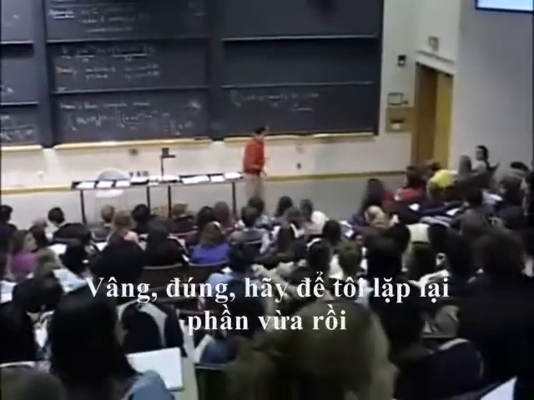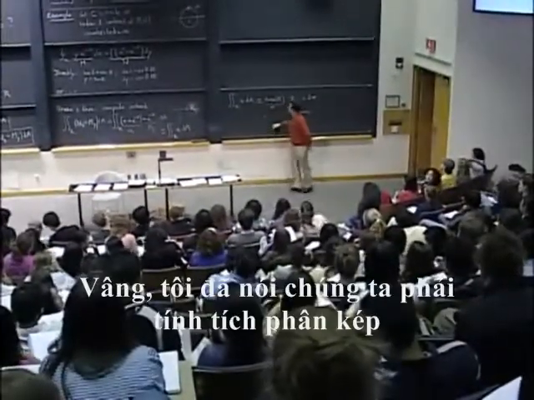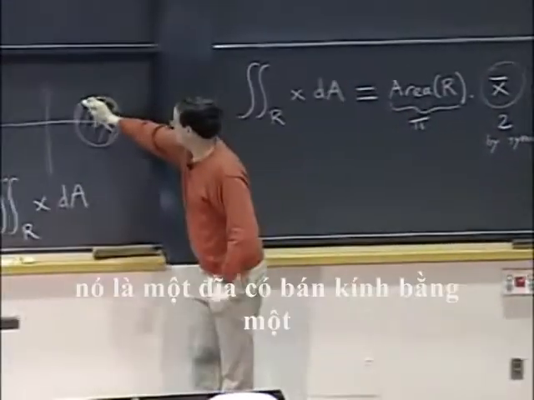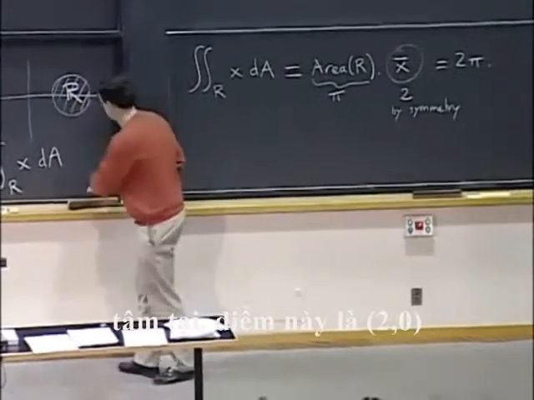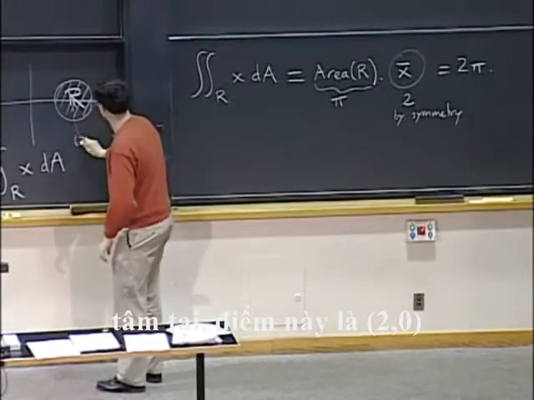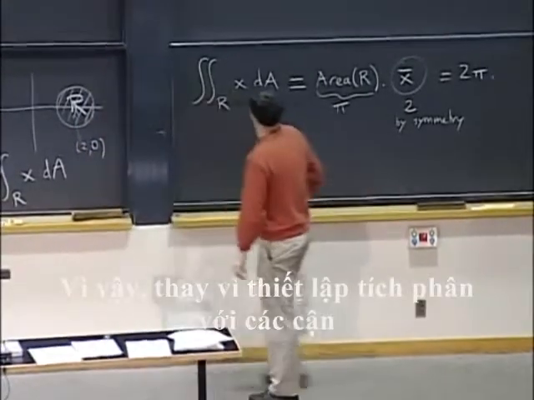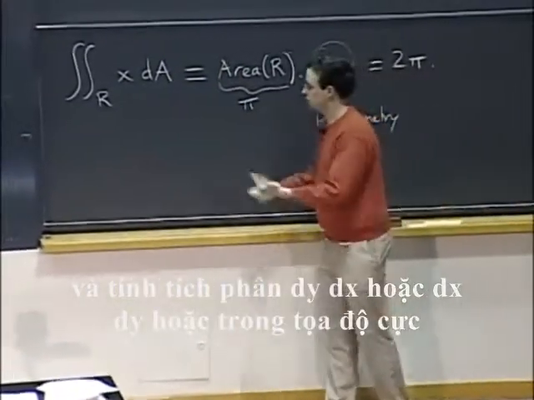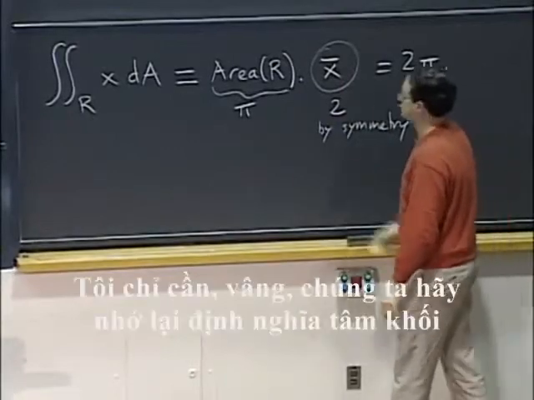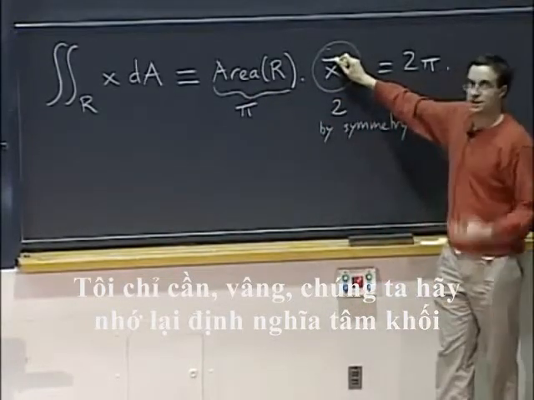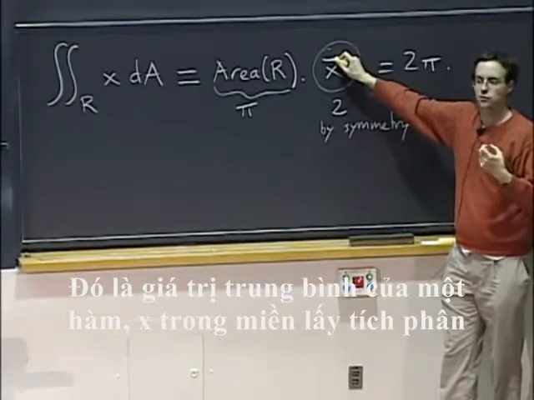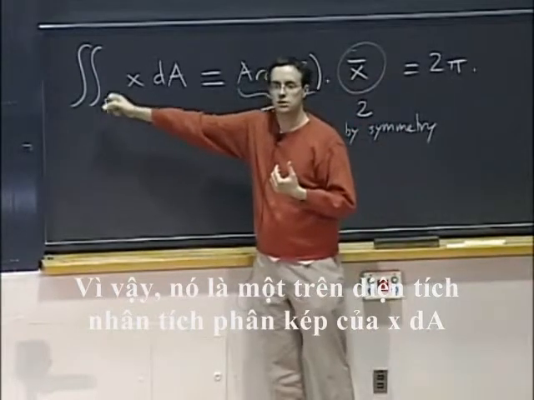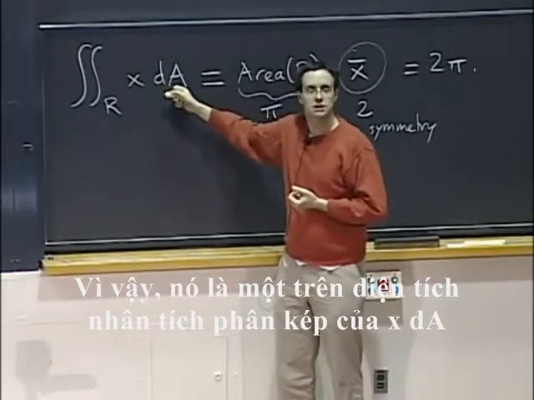The last part. Okay, yes, let me just repeat the last part. So I said we have to compute the double integral of x dA over this region here, which is a disk of radius 1 centered at this point, 2, 0. So instead of setting up the integral, with bounds and integrating dx dy or dy dx or in polar coordinates, I'm just going to say, well, let's remember the definition of the center of mass. It's the average value of a function x in the region. So it's 1 over the area of the region times the double integral of x dA.